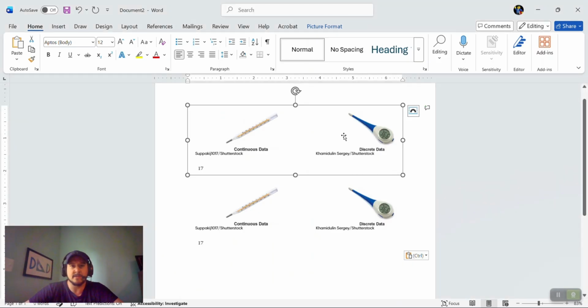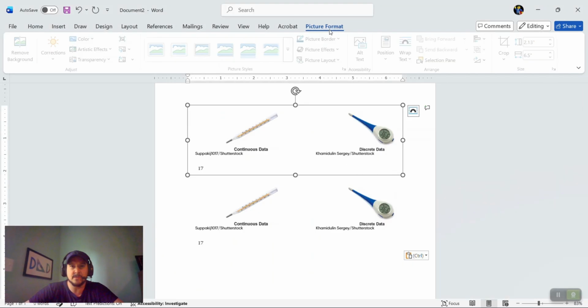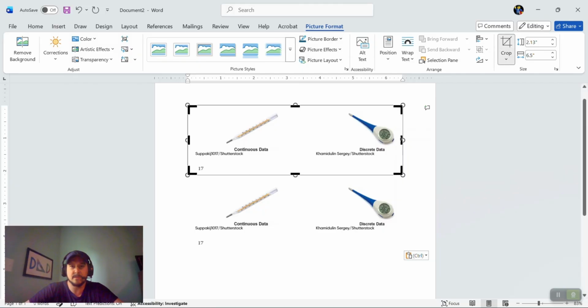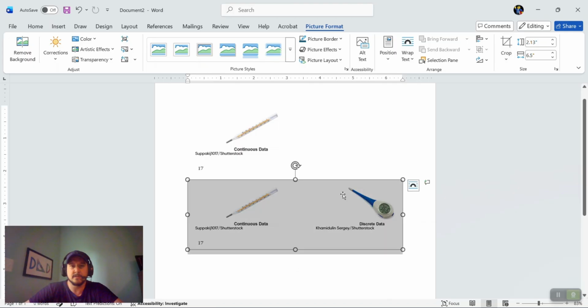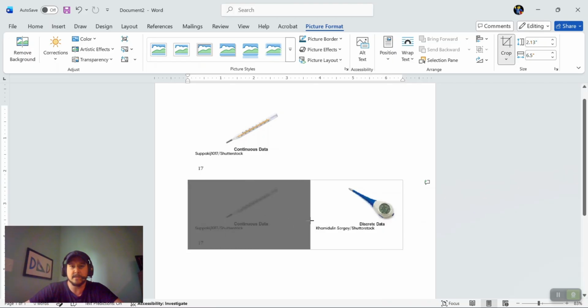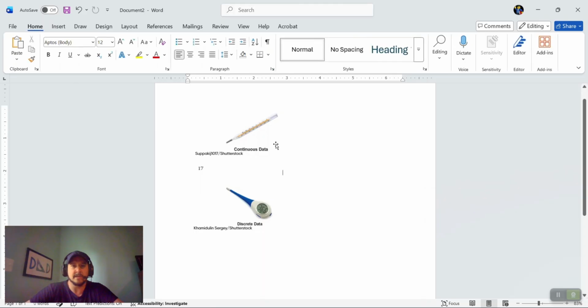Or something else that you can do is create 2 copies of this and then crop one of them out. Alright, so what I do for that is I go to picture format. After I highlight the picture, I hit crop, and then I'm just going to drag, and you can create 2 separate individual images. Alright, so discrete data.